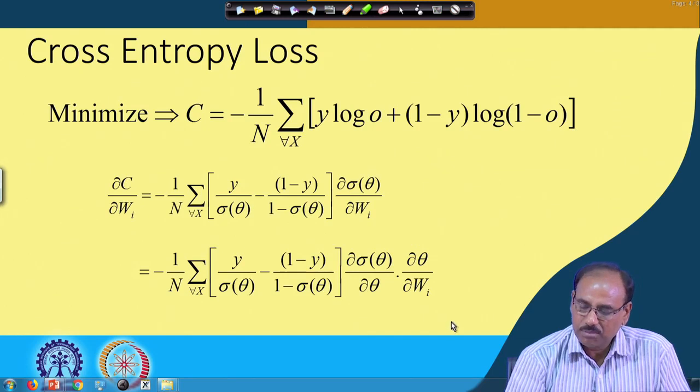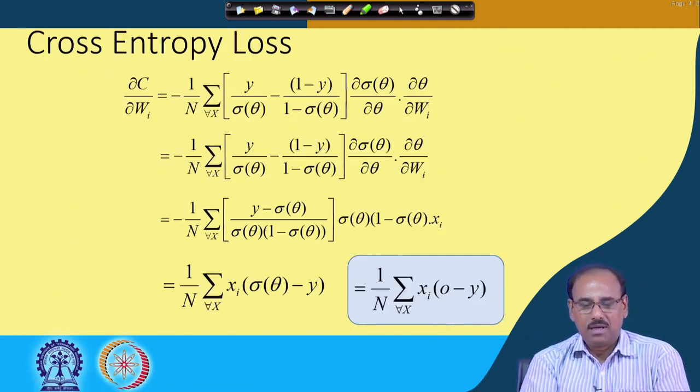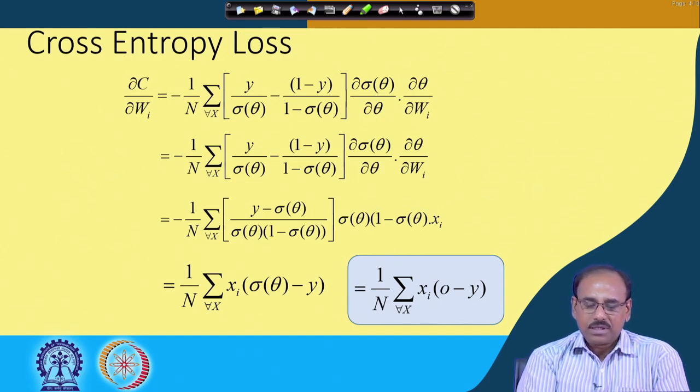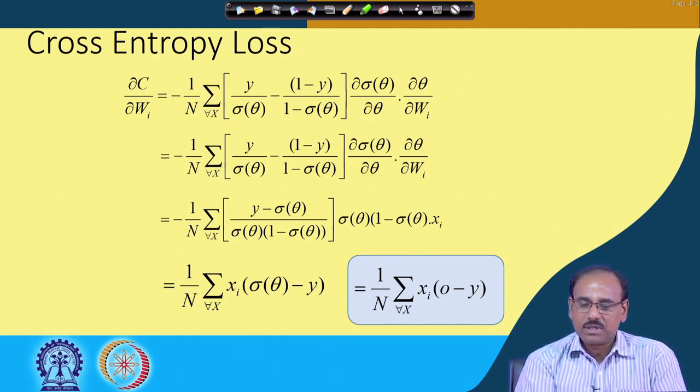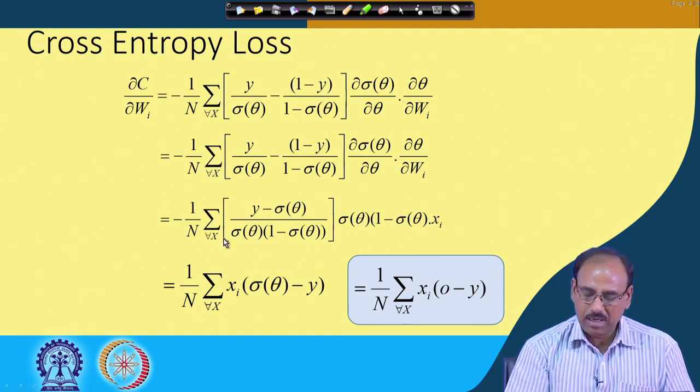So, if I go for simplification further, the same expression is written as minus 1 upon n, then sum of 1 upon sigma theta minus 1 minus y upon 1 minus sigma theta into del sigma theta del theta into del theta del W I, which simply becomes, if I go for simplification of this, minus.